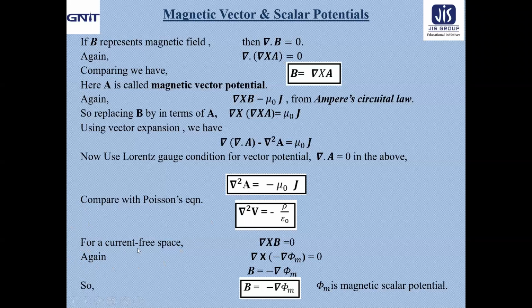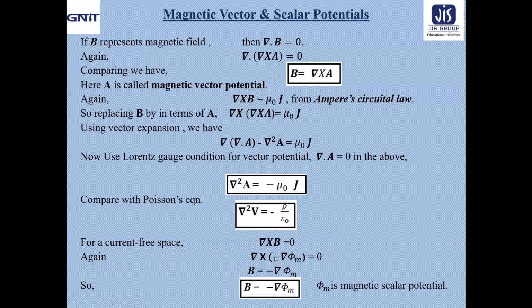Now for a current free space, from Ampere's circuital law, we are getting del cross B equal to 0. Again from rules of vector calculus we know curl of grad equal to 0.